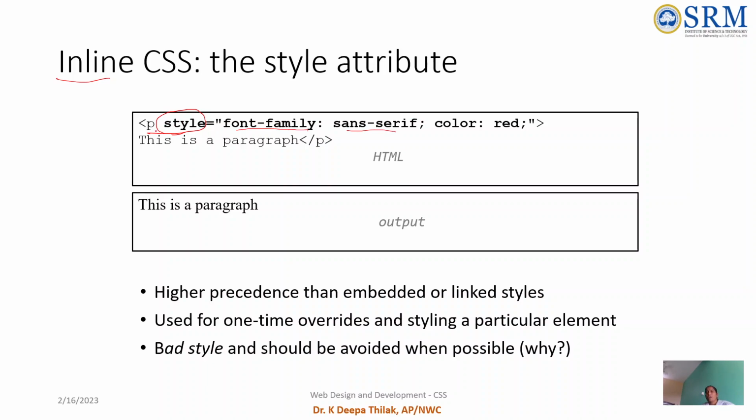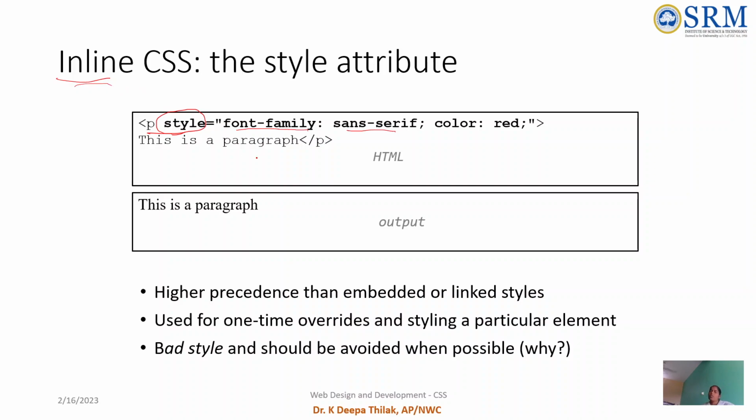In this example, I have set two properties for my paragraph tag, where the style is font-family sans-serif and color red. So there are two pieces of styling information, font-family and color, and each CSS property should be separated by a semicolon. Here I am giving the style information inside the tag itself, so it is called inline.